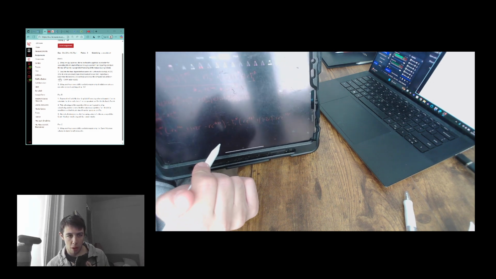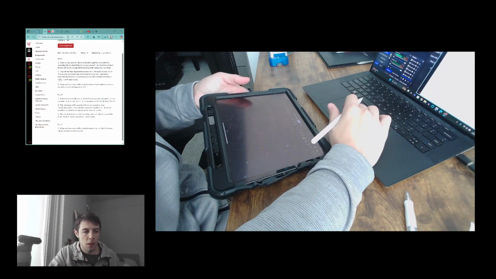Okay, so here's our equation that relates these two things. Sorry, the glare is pretty bad.